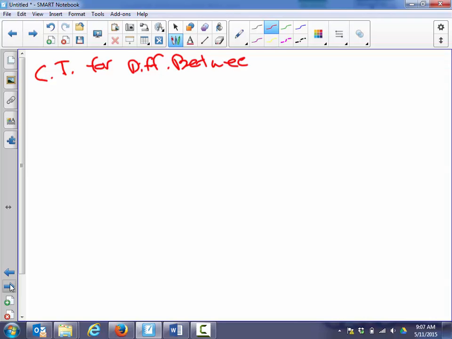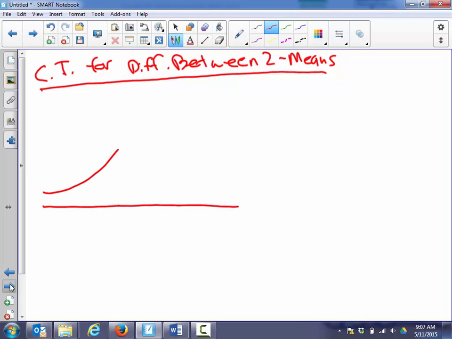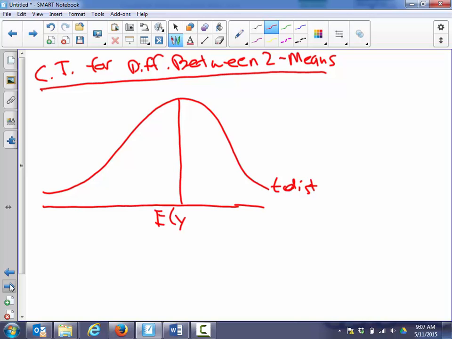Now we're going to look at the confidence interval for a difference between two means. Okay, so you're working with the t-distribution in all likelihood, and I need to show you guys how to find the degrees of freedom. You've seen it before, but it's rusty for a lot of you.